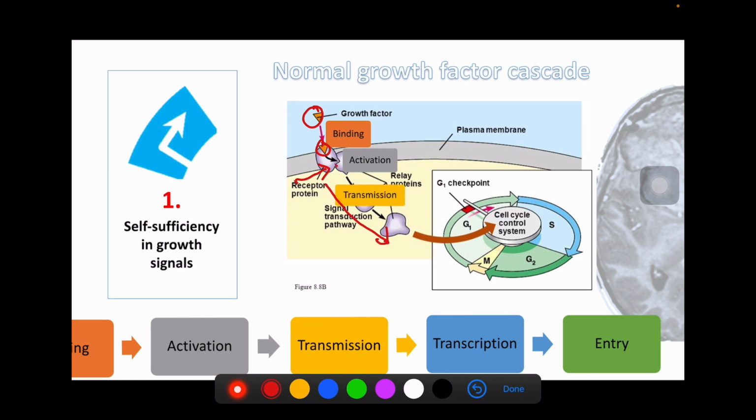From the growth factor, before it goes into the nucleus, there is transmission that may occur, and when it's inside the nucleus, there is transcription of the signal to another DNA to produce something else for growth, and mainly for the cell to enter the cell cycle. So this is the cell cycle.